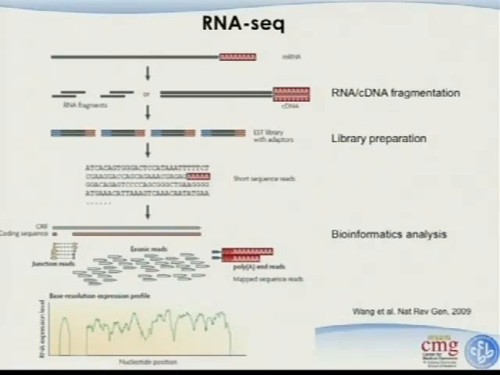We call these exonic reads. Some reads are half in one exon and half in the next exon, because the intronic region has already been spliced out. These are called junction reads. The third type is poly-A reads. You can see a bit of sequence and then polyadenylation, so it tells you exactly where the end of the gene is.